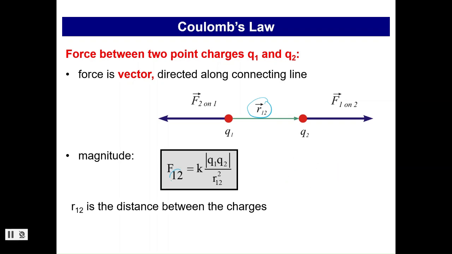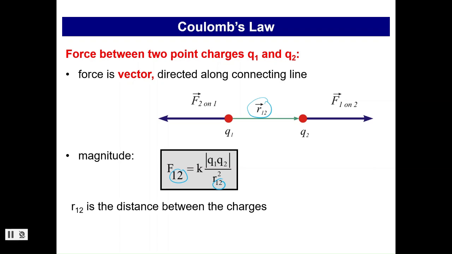In this case, we're using F12, and that's between charges 1 and 2. Sometimes we'll do 3 charge or 4 charge systems, in which case keeping track of which charges are which is important. So you will see I use a lot of subscripts, maybe an excessive amount for what you're used to, but just to make sure I'm plugging the right values into the correct locations.